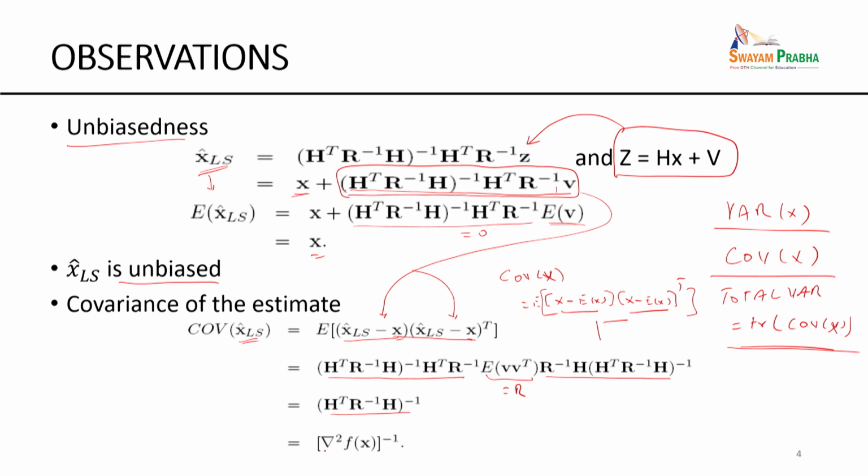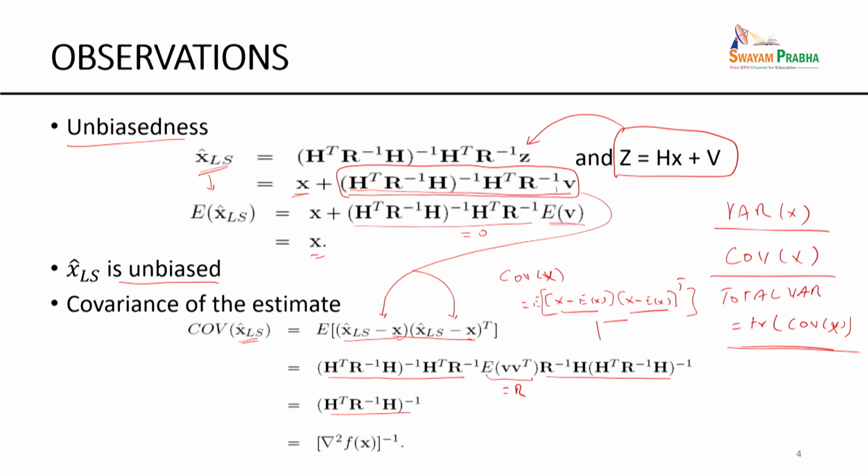So this is the inverse of the Hessian. So if the Hessian is positive definite, its inverse is also positive definite, covariance will be positive definite. Or to look at it the other way, if the covariance of the estimate is positive definite, the Hessian is also positive definite. If the Hessian is positive definite, the minimum is unique. That's the idea. The convexity condition applies.